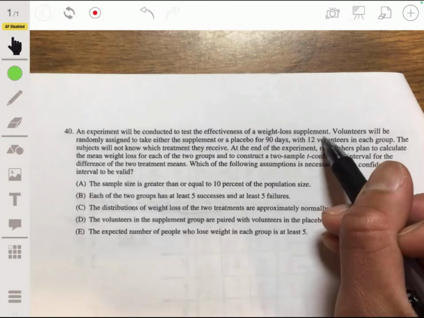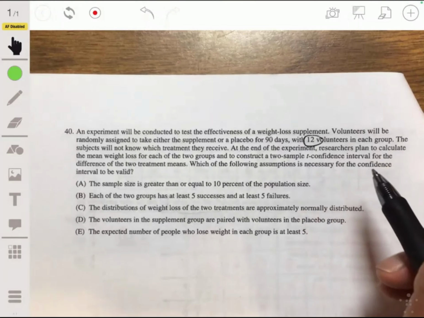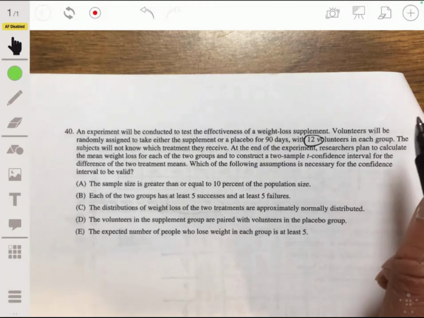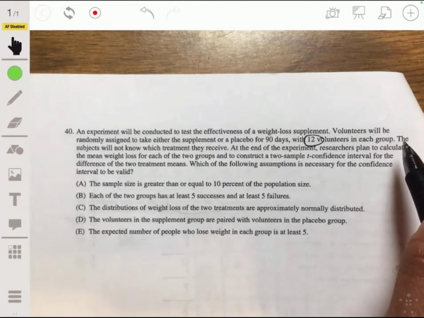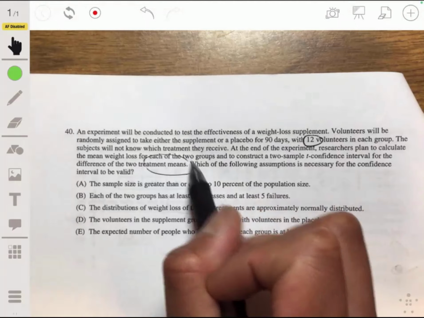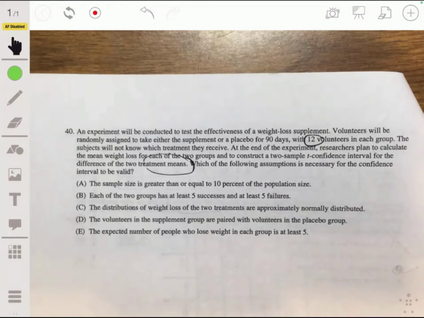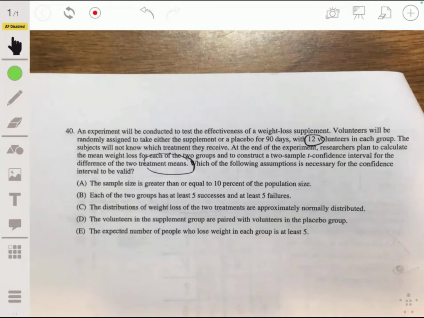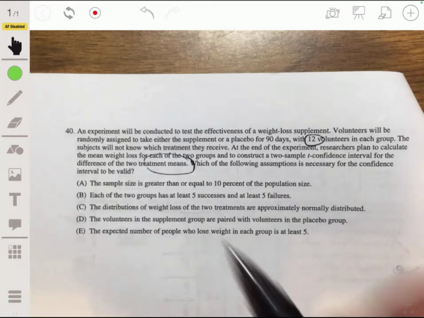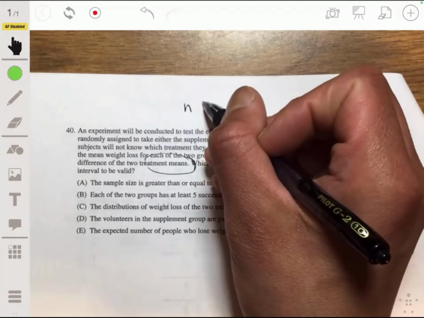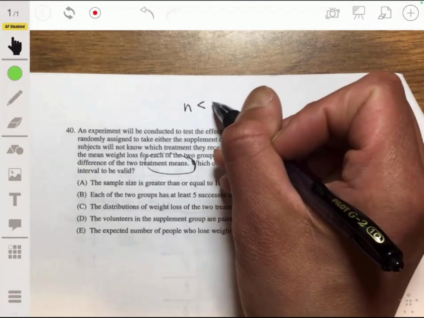Okay, so the issue here is that we have a small sample size. Since we're trying to study means, this falls into the central limit theorem. We have to look at what the central limit theorem says, and that's when your sample size is less than 30.